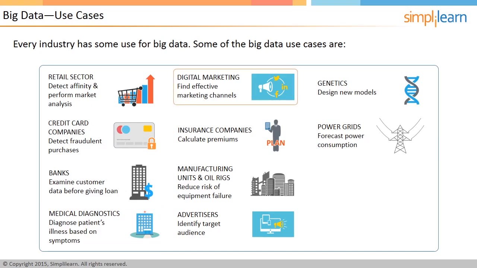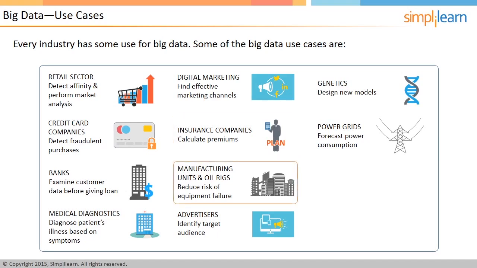Digital marketers need to process huge customer data to find effective marketing channels. Insurance companies use big data to minimize insurance risks. An individual's driving data can be captured automatically and sent to the insurance companies to calculate premium for risky drivers.